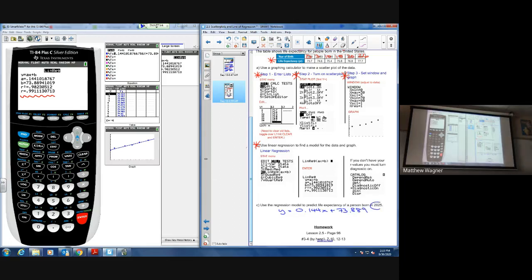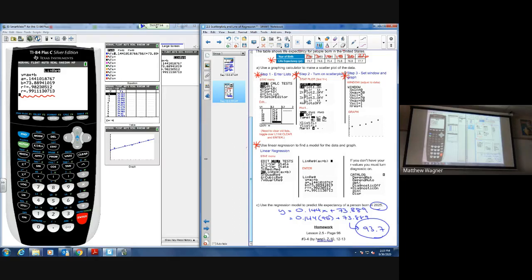73.889. So if I wanted to predict life expectancy in 2025, well, if we look at this, again, it's years from 1980. So I would want to plug in 45 for my year, and then I just use this model to predict life expectancy, which is about 93.7 years.